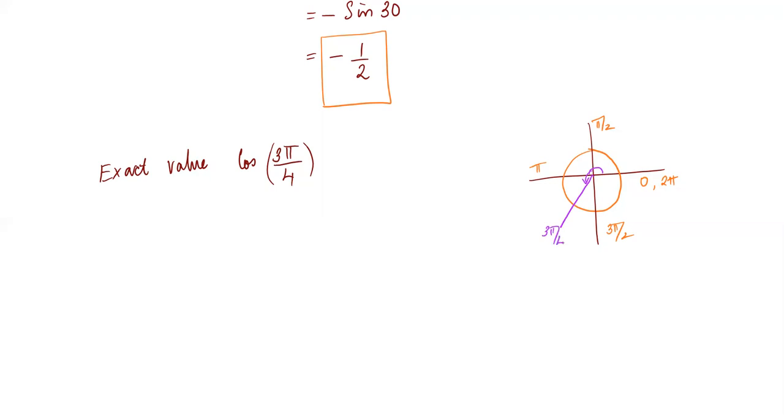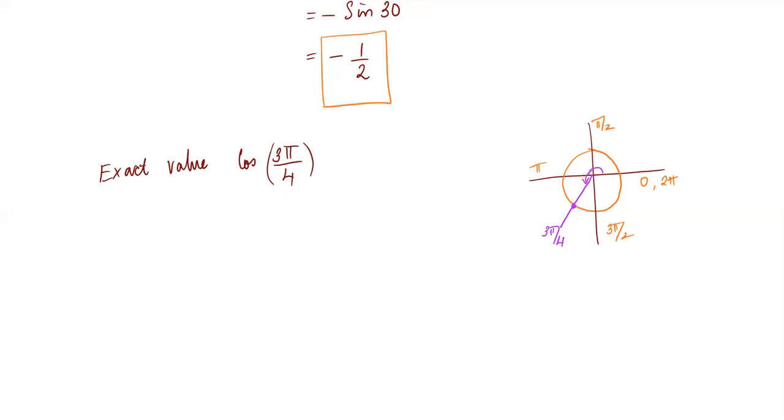Three pi over 4. And we need to find the cosine value for that, the x coordinate for this point on the orange circle, right? Now, we've spoken about conversion of radians to degrees, so that's another way for you to recognize which quadrant this will be.